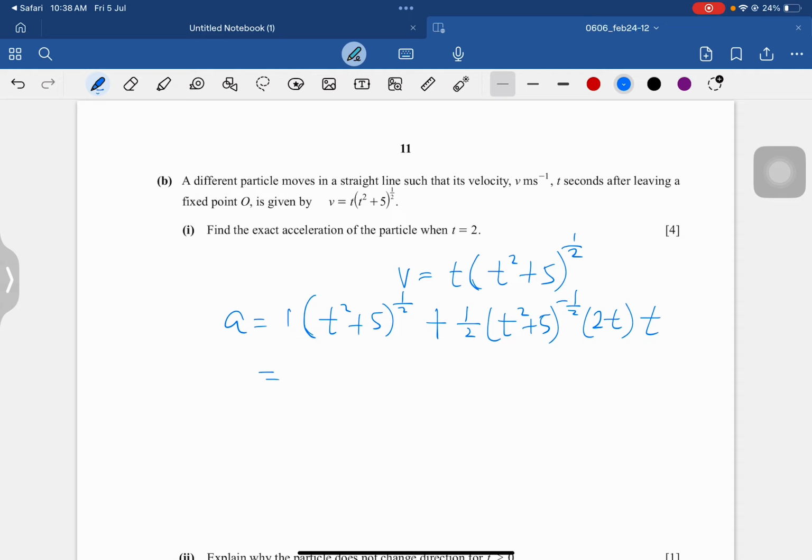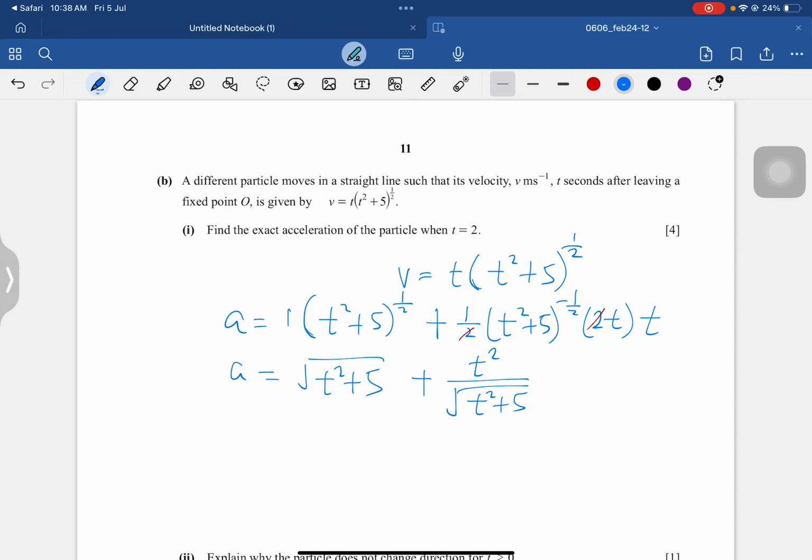Simplify. Your a is going to be square root t squared plus 5. This one we cut. The top going to be t squared, and the bottom, since the power negative, we throw down square root t squared plus 5.